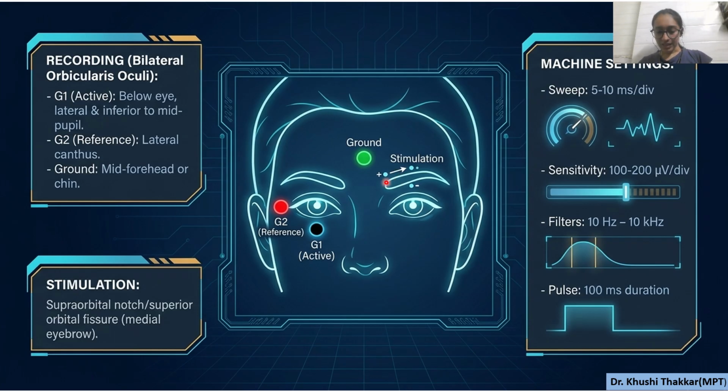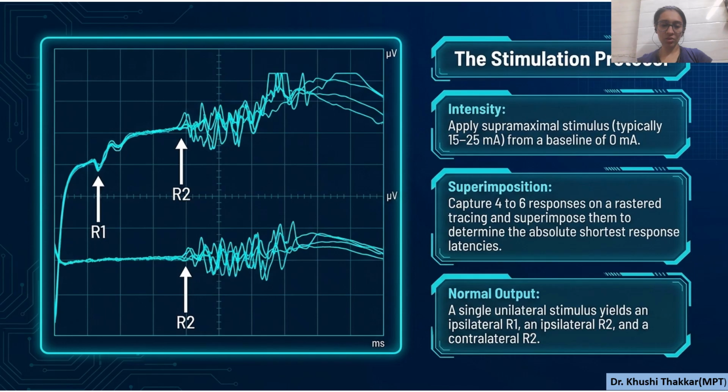Now the machine settings, it is just good to know. Sweep is set at 5 to 10 milliseconds per division. Sensitivity is 100 to 200 microvolts. Now the stimulation protocol, as you see on the screen here: this is R1, which has a shorter latency, then comes your R2, and these are superimposed. So basically we capture 4 to 6 waves and then superimpose them to determine the absolute shortest response latencies.